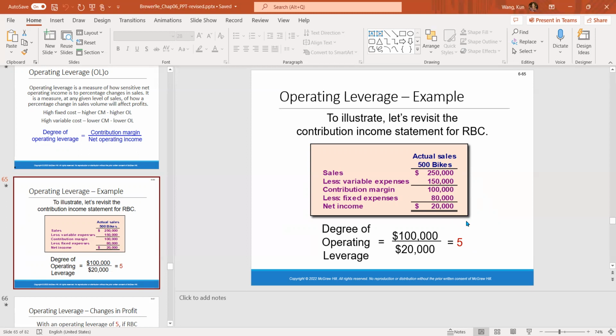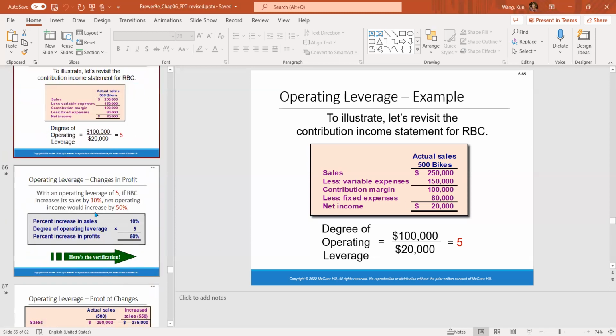So the 5 is like a sensitivity leverage. It indicates how sensitive the net income change will be to the sales volume change. If you have 1 change in the sales revenue, the income will change 5 times that. So that's an easy way for managers to make a prediction for the net operating income if you want to change the sales volume, without calculating the whole income statement.